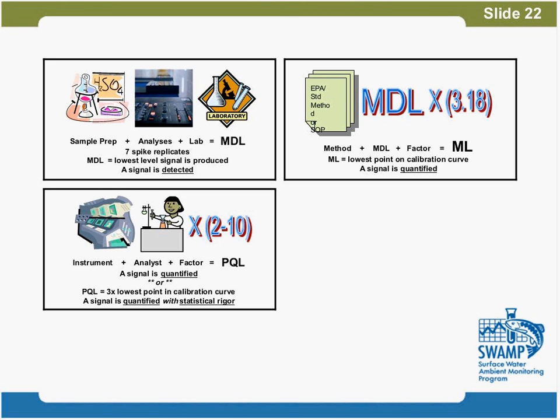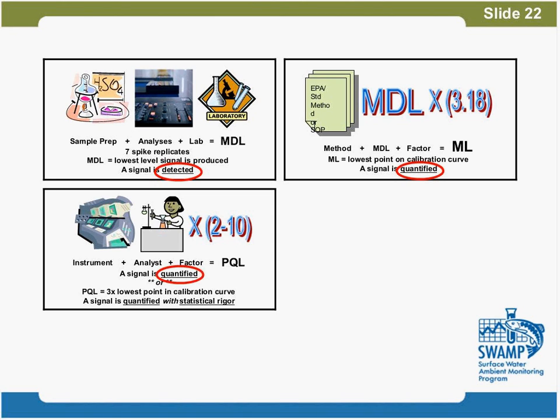Method detection limit up there in your upper left. And with that one, US EPA defined, the key term we want to remember is that a signal is detected. With minimum level, which also has a US EPA definition, and with the first definition of the practical quantitation limit, we are moving up a level from the method detection limit.